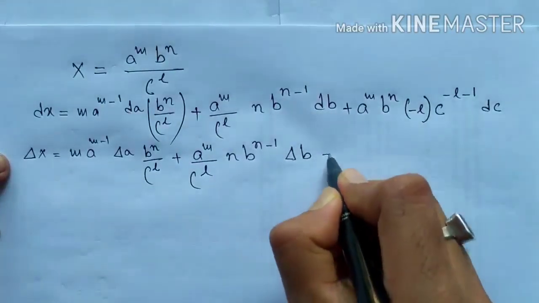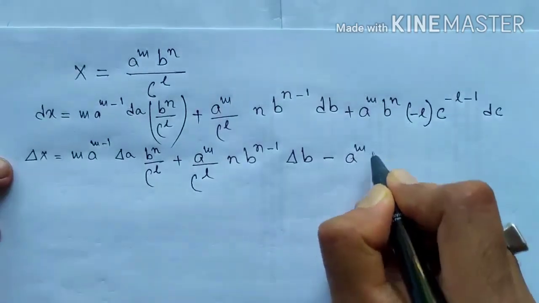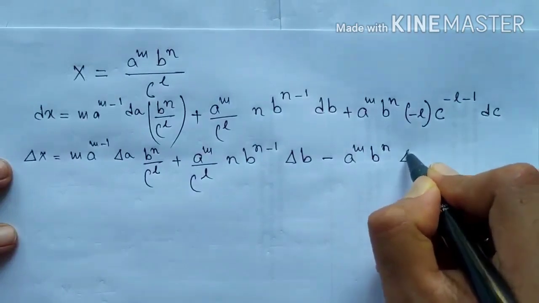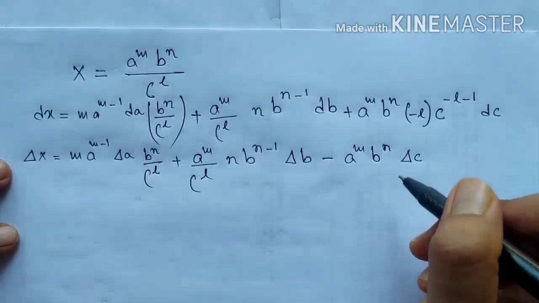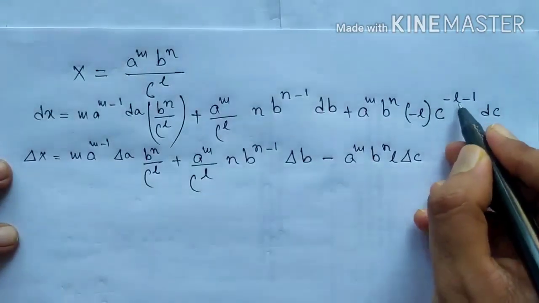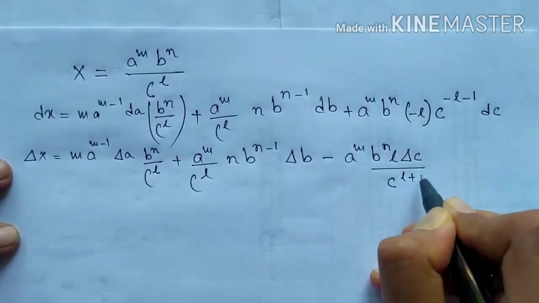For the time being I am putting it minus A to the power M B to the power N, there is again L into C to the power minus L minus 1. So I can write divided by C to the power L plus 1.